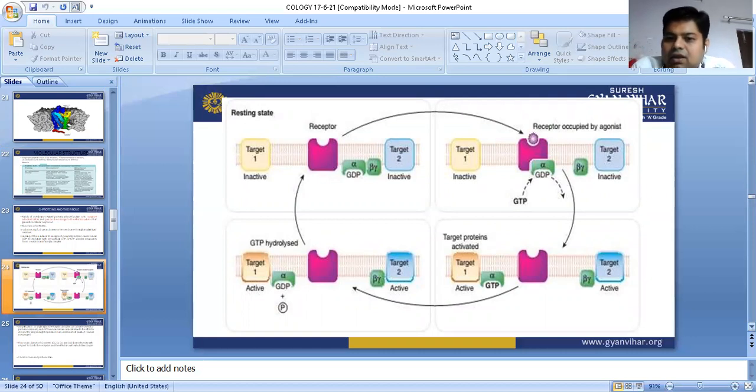You can see, and during that time, the alpha subunit will detach and it will come to the target and activate it. And next, GTP is hydrolyzed, and after GTP is hydrolyzed, it comes back into the inactivated state and is available in the cell.